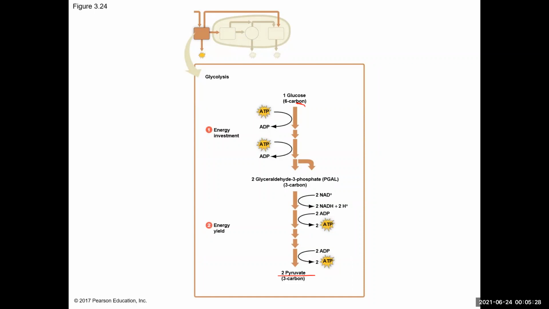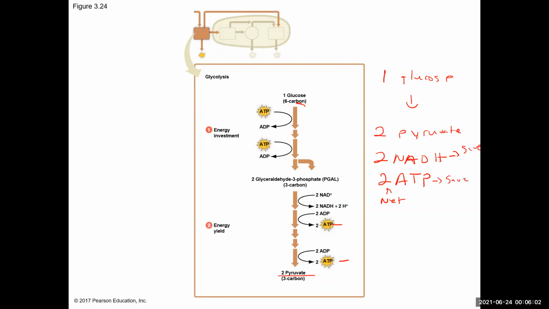And so from 1 glucose, you end up with 2 pyruvate, 2 NADH, and 2 net ATP. Just notice it makes 4, right? And so this NADH will be saved. The ATP will be saved to use later. The pyruvate here will go on to the next step.